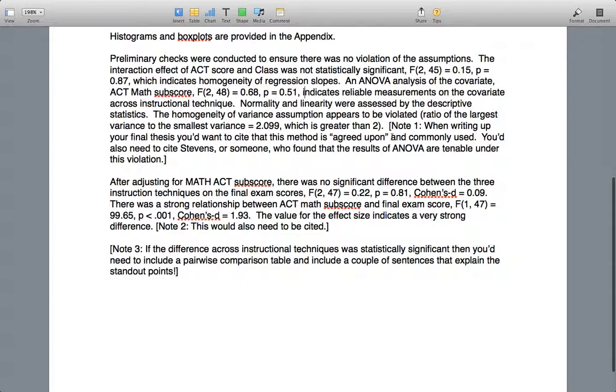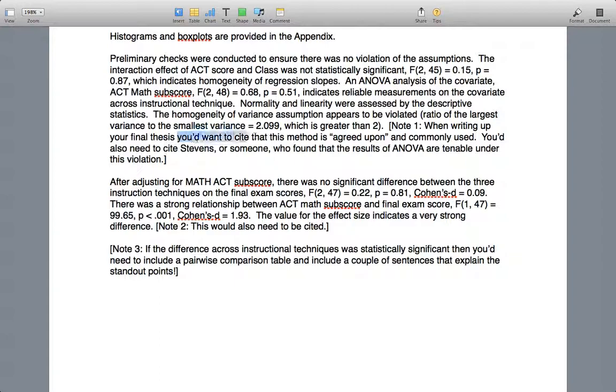Now, something really important. I do come in and talk about the homogeneity of variance assumption appearing to be violated. So I've given you a couple of notes. Hopefully, when it comes time for you to do your master's thesis, your capstone project here, you've got to write this up and cite and do all sorts of cool stuff.